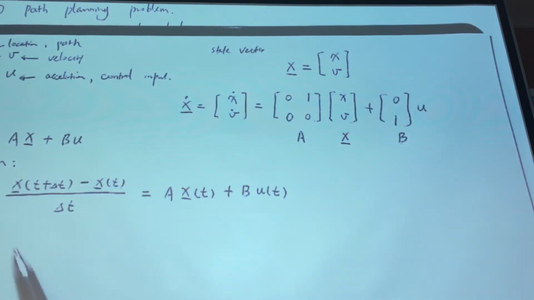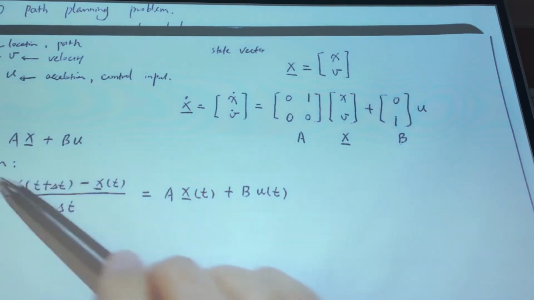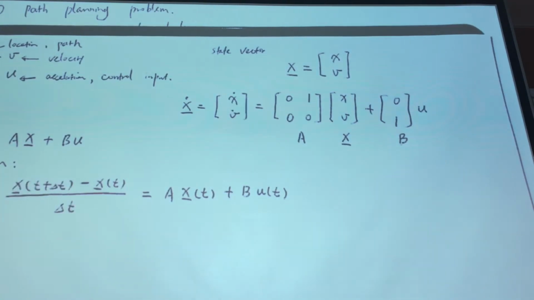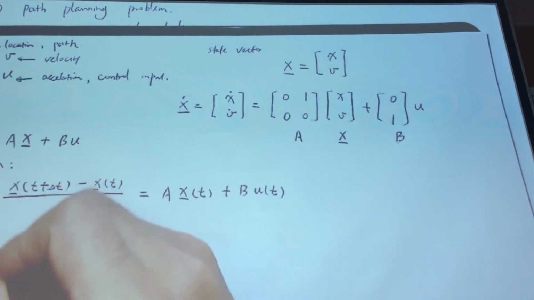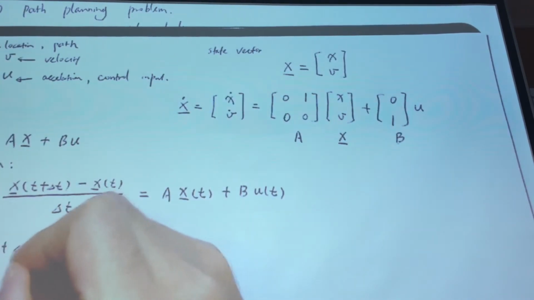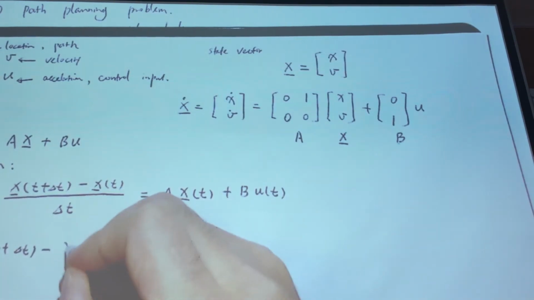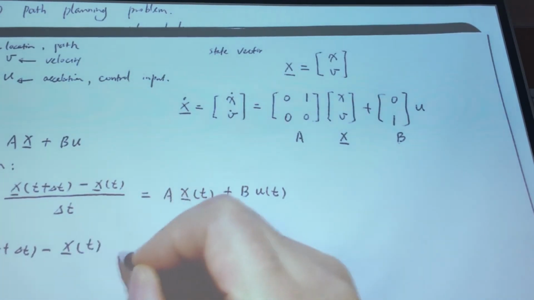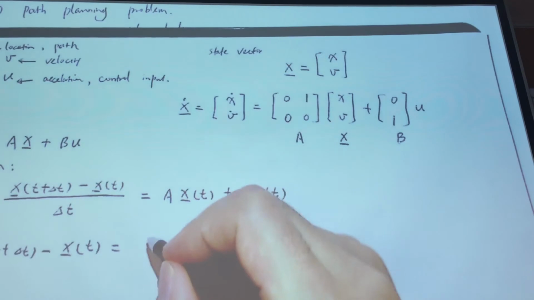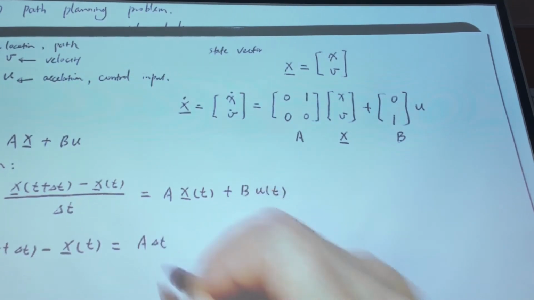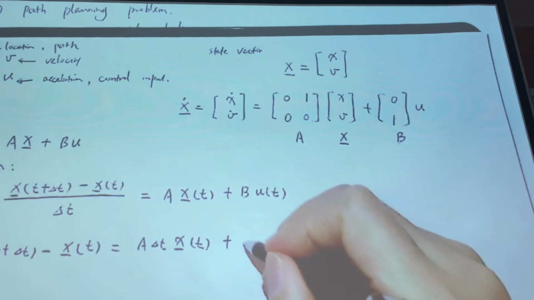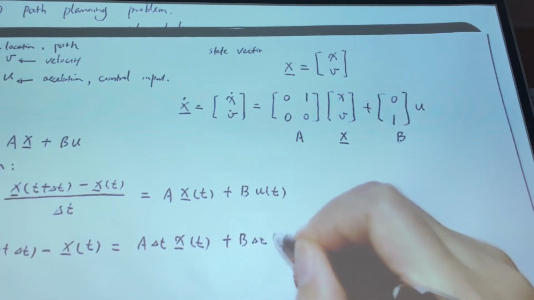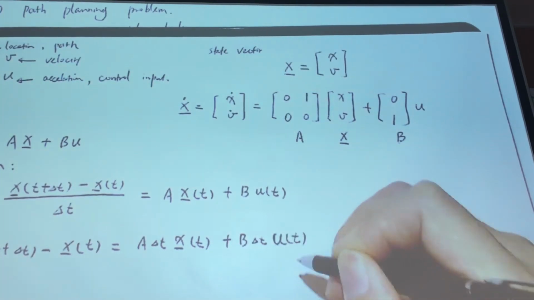So this step is very important to discretize the problem. We have x at t plus delta t minus xt equal to A delta t xt plus B delta t ut.